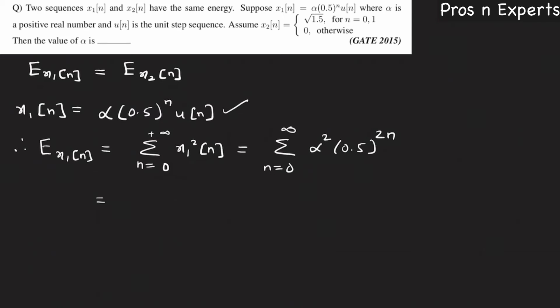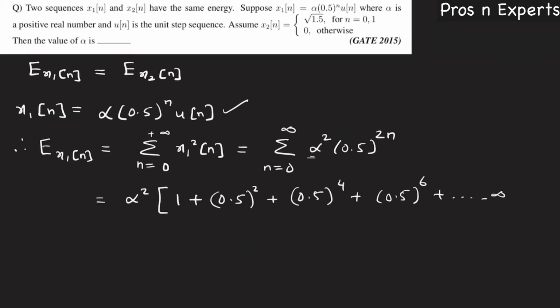Alpha square is a constant, we can take it outside. So alpha square into, for n equal to 0, 0.5 raised to 0 is 1, plus for n equal to 1 it becomes 0.25, then for n equal to 2, it is 0.5 to the power 4, n equal to 3, it is 0.5 to the power 6, and so on to infinity.